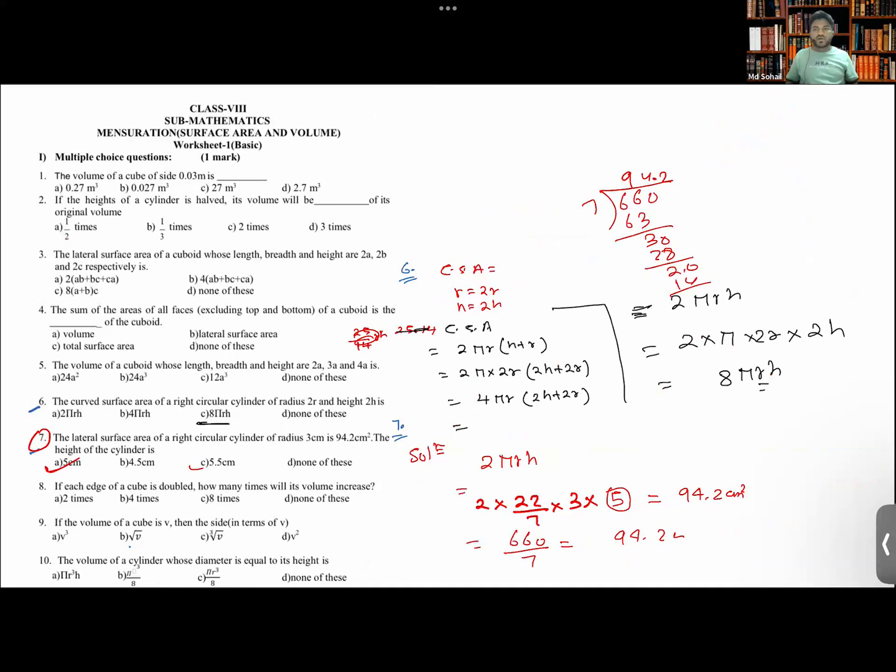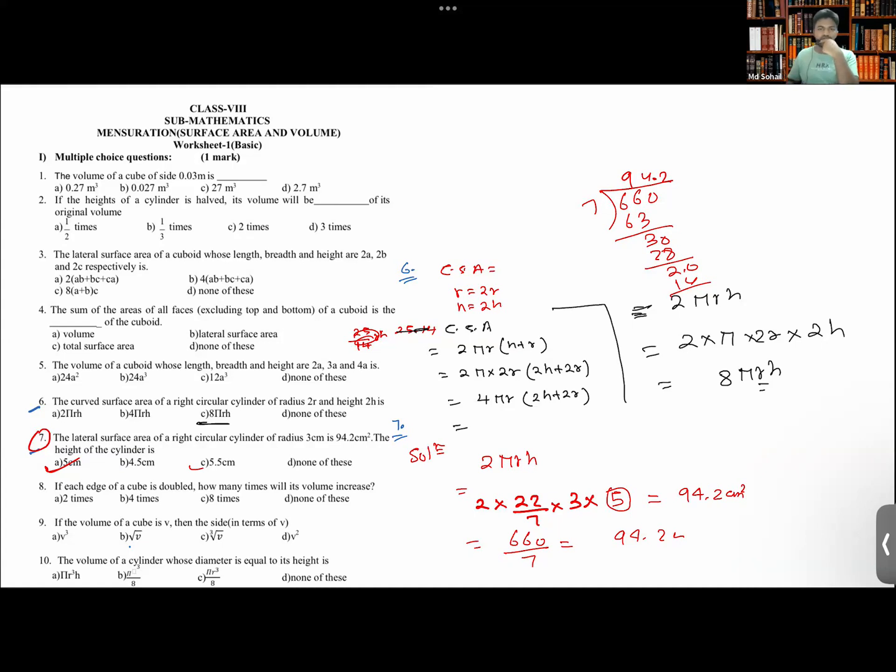Well done, guys. So how many exercises are there in the NCERT? You will be having exercise 11.1, 11.2 as well, up to 11.4. So try to solve the exercises, and any confusions you have, we will discuss in the class. I guess the first two exercises are quite easy.